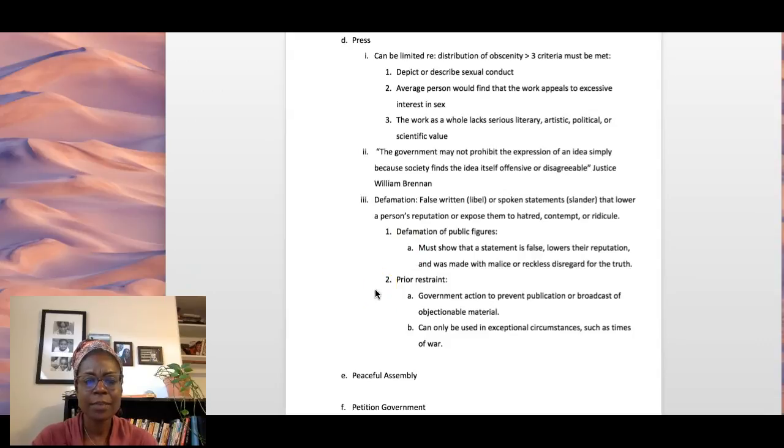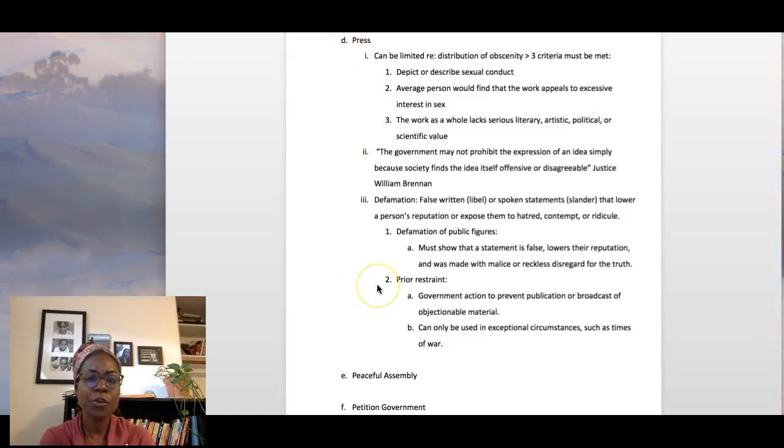The last point that should be made regarding freedom of the press is this idea of prior restraint. If you think about material that is being printed, and we talked about the limitations on the distribution of obscenity, these limitations are really focusing on material that's already been created and produced, and then maybe after the fact, it can be found as obscene.